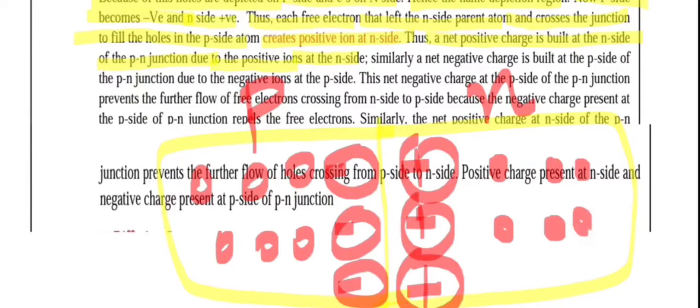This is the condition now. Since a negative charge is present in the p side, this negative charge will repel the negatively charged electrons and avoid the further movement of electrons to the p side. That negative charge repels the negatively charged electrons and there is no further movement of electrons from the n side to the p side.